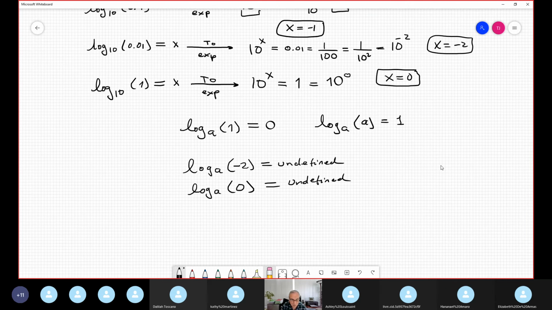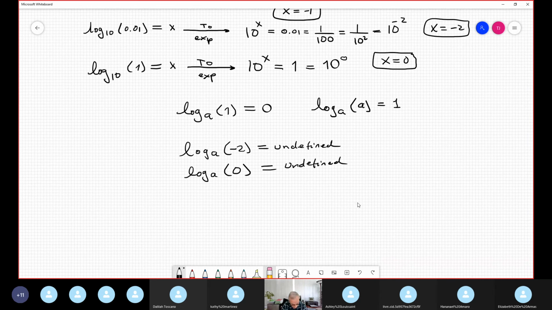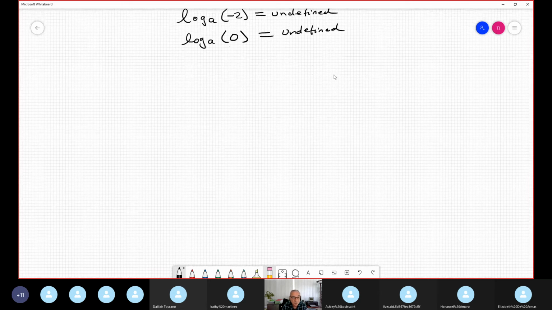Okay, so now let me quickly summarize, in the time we have, the most important properties of the logarithmic function.